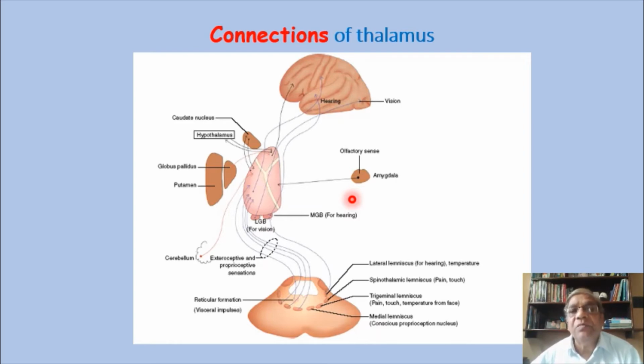The ventral posteromedial nucleus of the thalamus, and then from there it will go to the postcentral gyrus, areas 3, 1 and 2. They are situated behind the central sulcus, behind the central sulcus. So these are the four different sensations, in relation to the special senses.